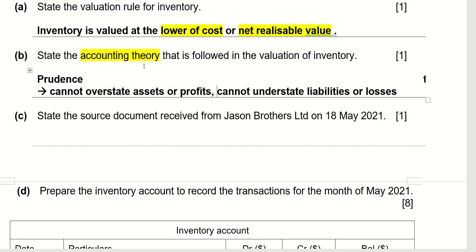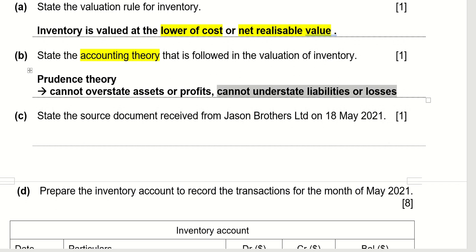Next, what does cannot understate liabilities or losses mean? In this case, it means that you cannot say that you have lesser liabilities than you really have. For example, if you owe somebody $1,000, you cannot say that, oh, I only owe the person $800. That's not right, because you owe that person more.